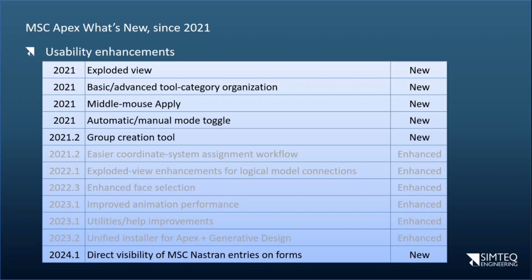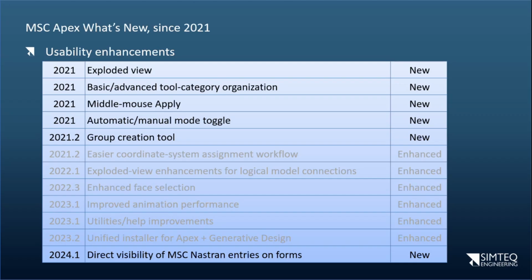Then the easier coordinate system assignment workflow was improved, exploded enhancements for logical model connections. So that was a useful one. So when you explode your view, you can see where the connectors are attached to. So that's quite useful, especially when those faces actually touch one another in the normal view.